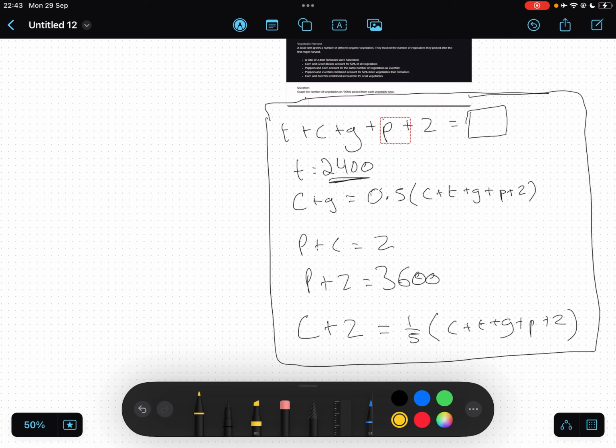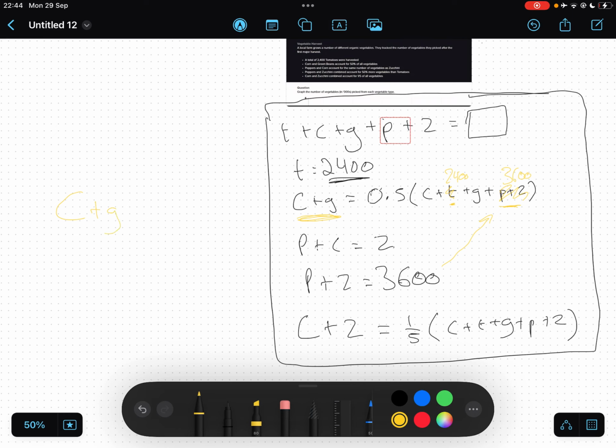Okay, so currently we can substitute P, Z and T into here, which is going to be 3,600 for this. And tomatoes is 2,400. So that is 6,000 in total, right? And it tells us C plus G is half the total population.